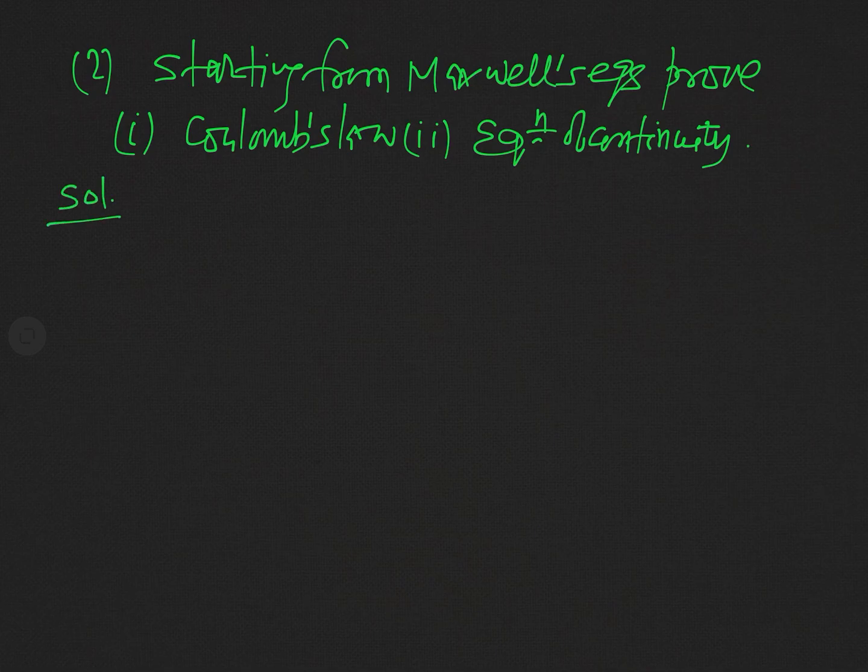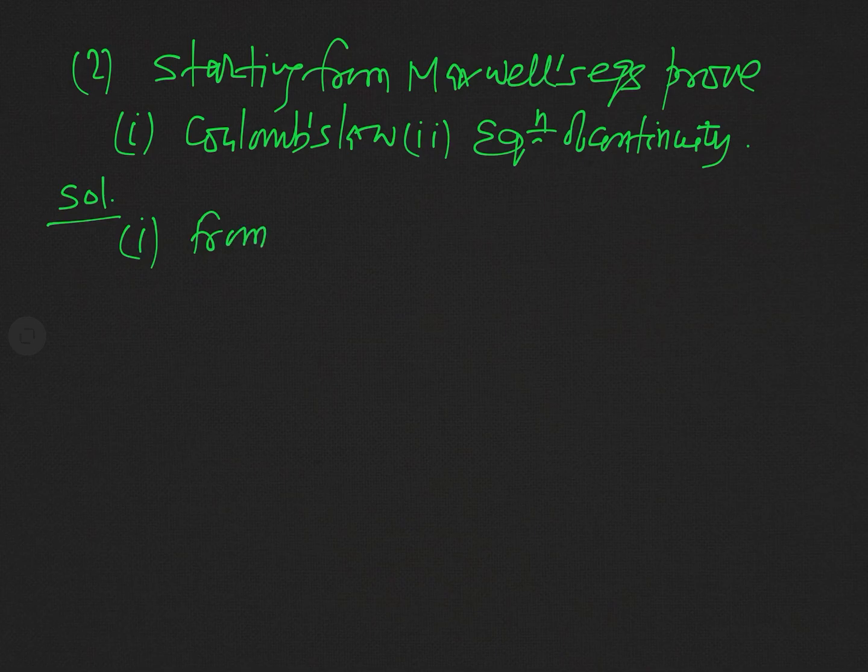See the solution. In fact, you can easily find Coulomb's law, or you can say we can derive Coulomb's law by starting from Maxwell's equations. So let us start from Maxwell's first equation, which is actually a divergence equation.